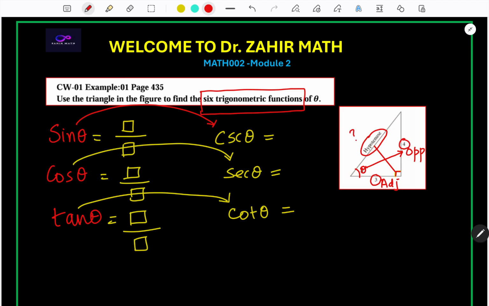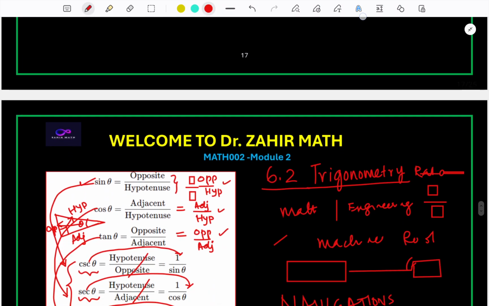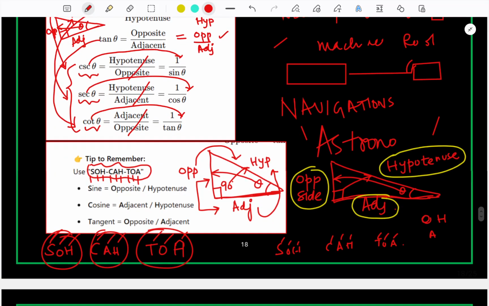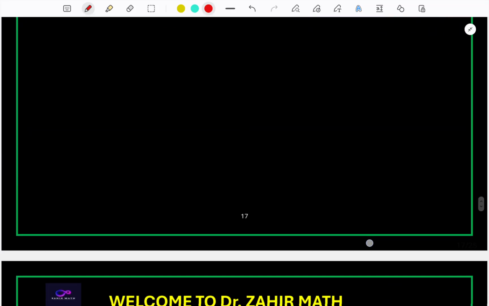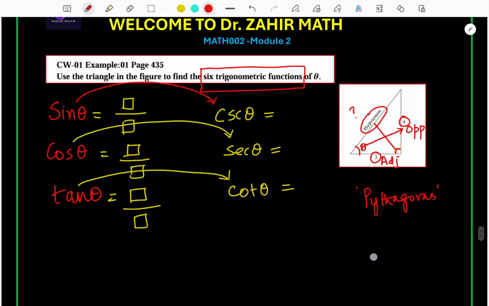Right. Now we have this side whose measurement is 3 and here it is 4, and we want this side. For this we need the Pythagoras theorem, right. I think I did not give this theorem here, so let me write this, easy to remember.